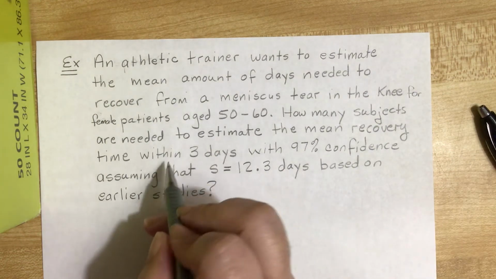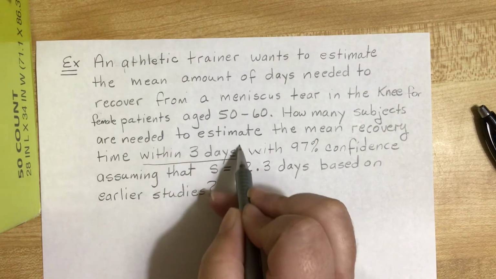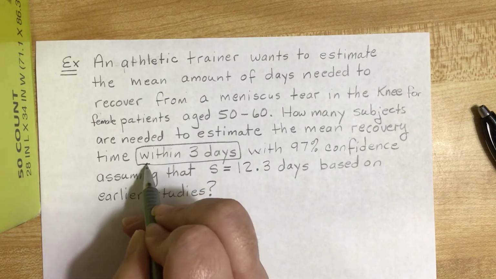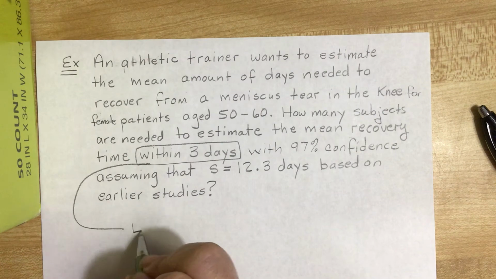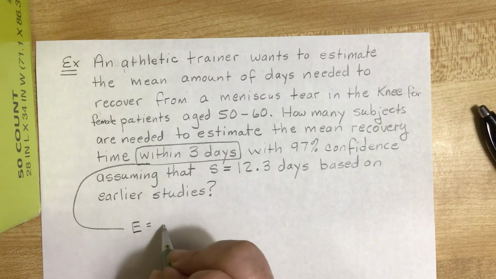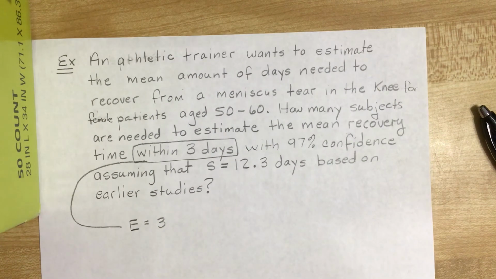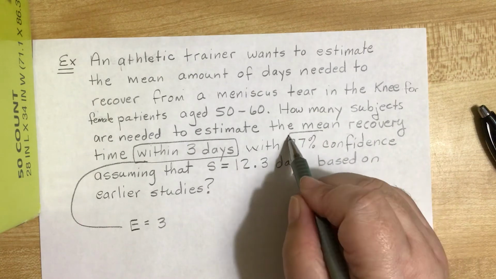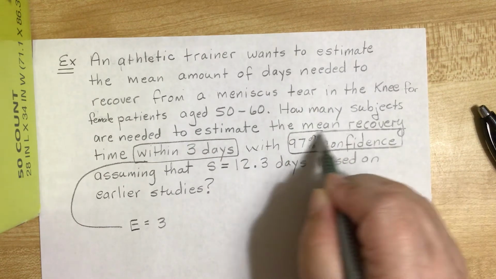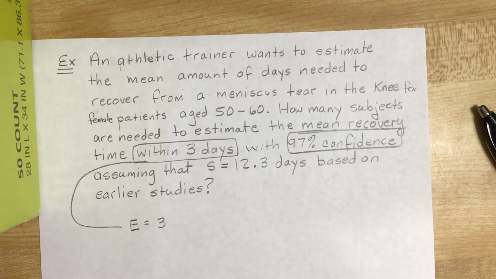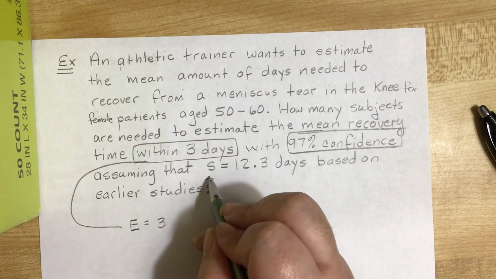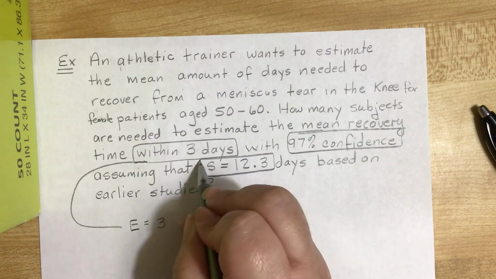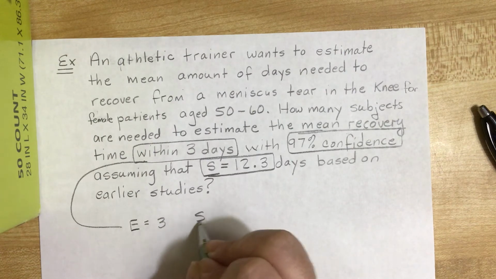So it is telling me within 3 days. That is my error that I'm allowing myself. With 97% confidence. So that's my confidence level, and my standard deviation is assumed to be 12.3 days.